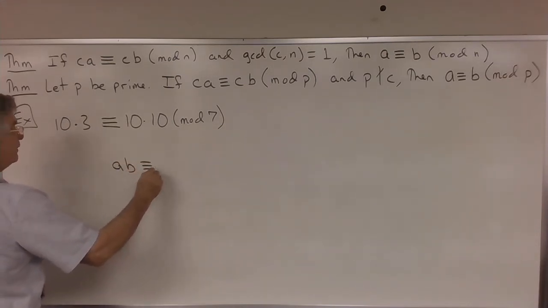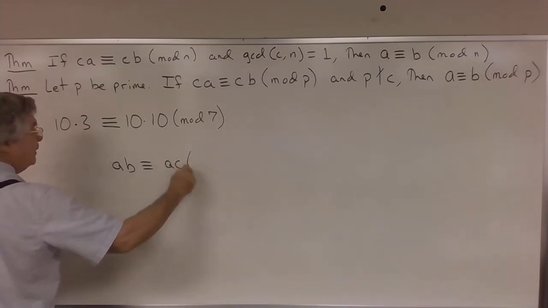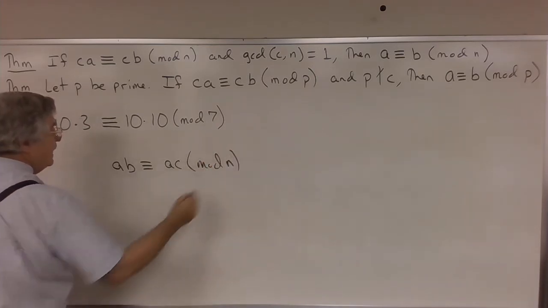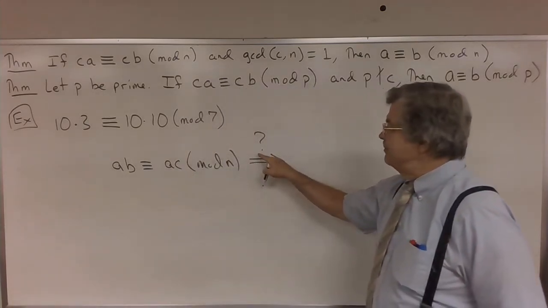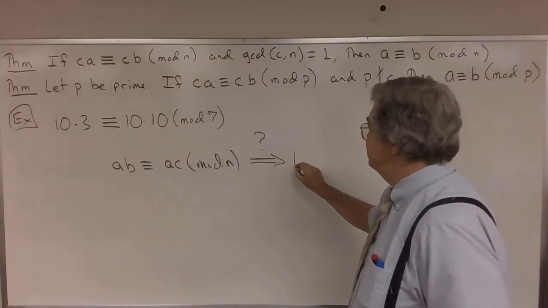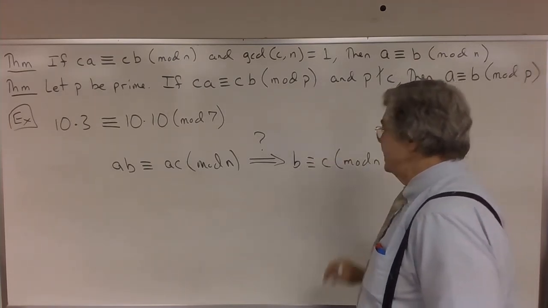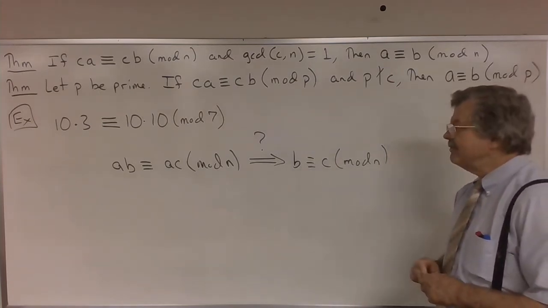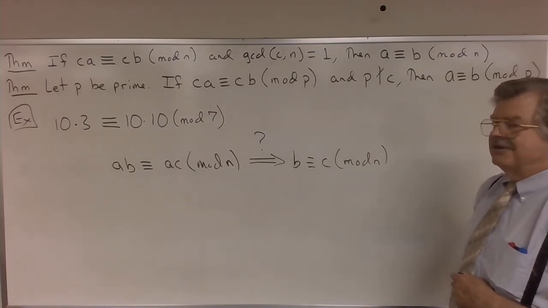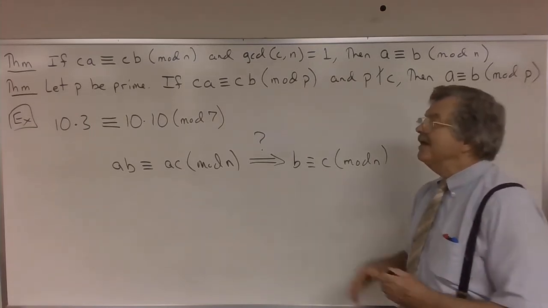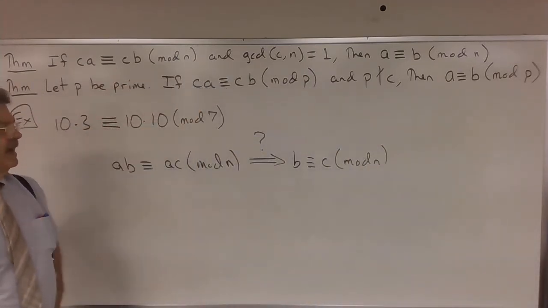If A times B is congruent to A times C mod n, does that imply that B is congruent to C mod n? Apparently it doesn't, because if it did, then we wouldn't have to have theorems like this and theorems like that.